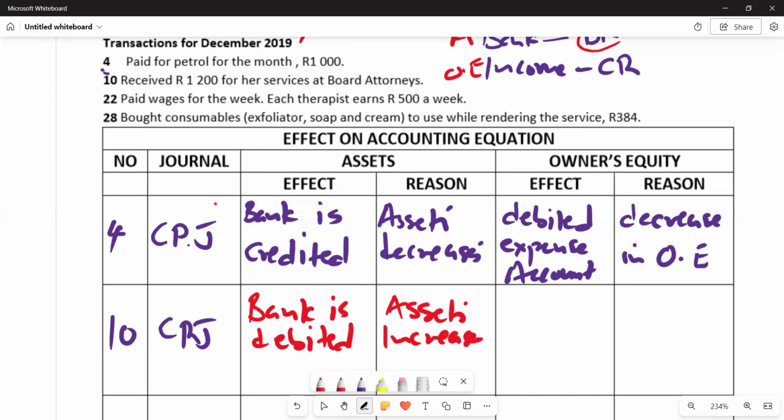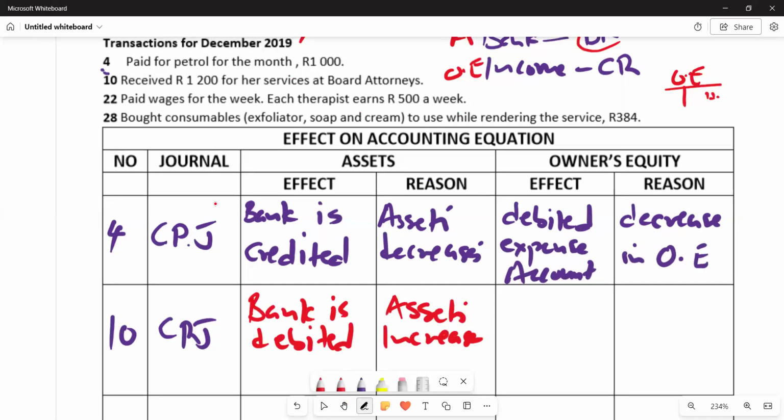Right. So we look at owner's equity. If this is income, and we are saying income increases our net profit, then owner's equity is credited. When owner's equity is increasing, it will be added on the credit side, like what we are doing here.